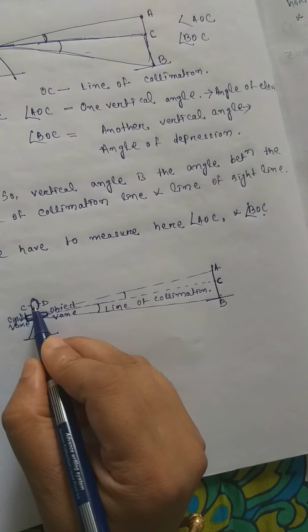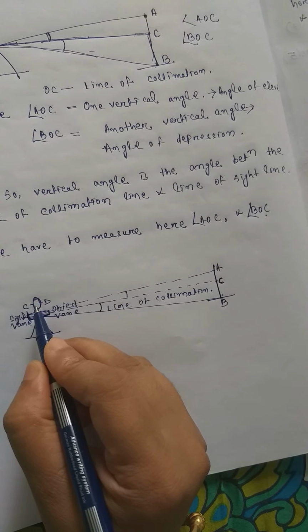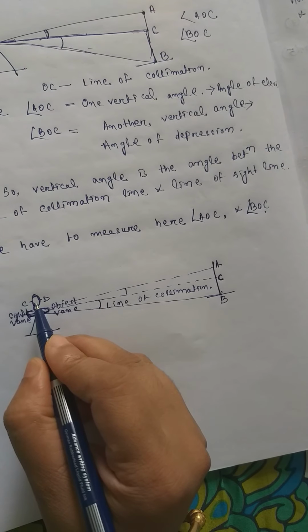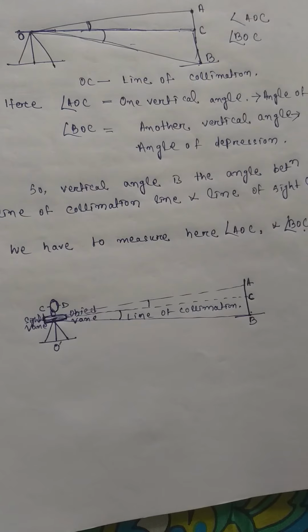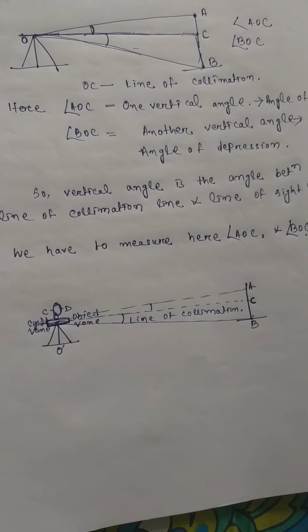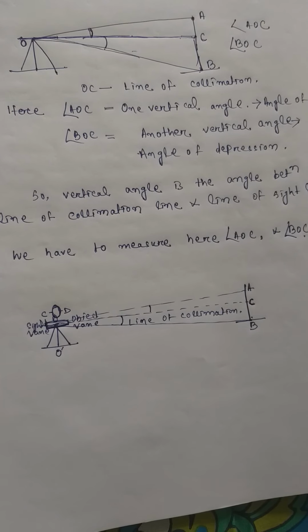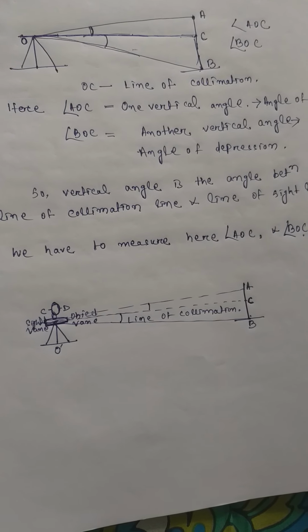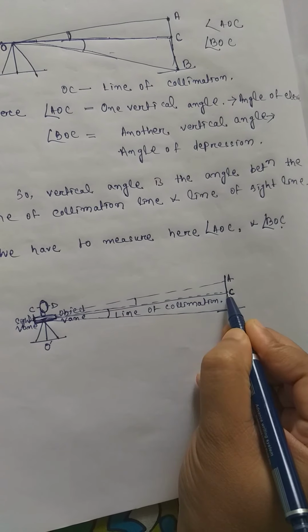The plate bubble is adjusted and brought to the center by means of a clip screw. At this position, the line of collimation is exactly horizontal, which meets the staff at point C.